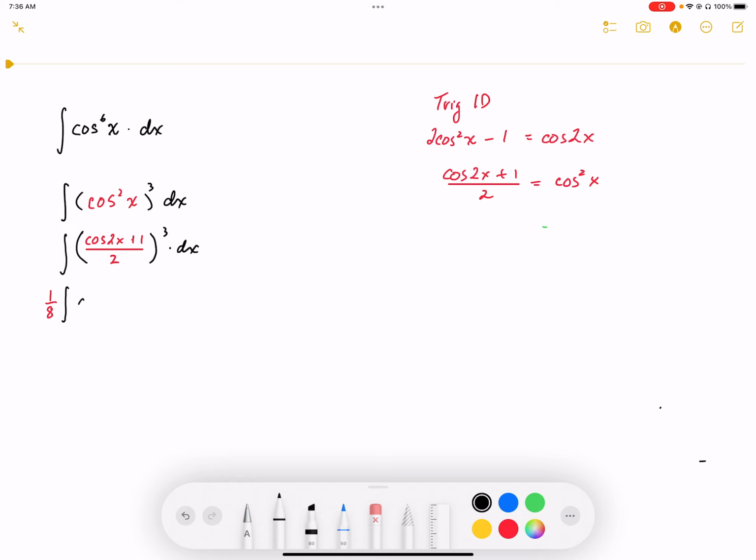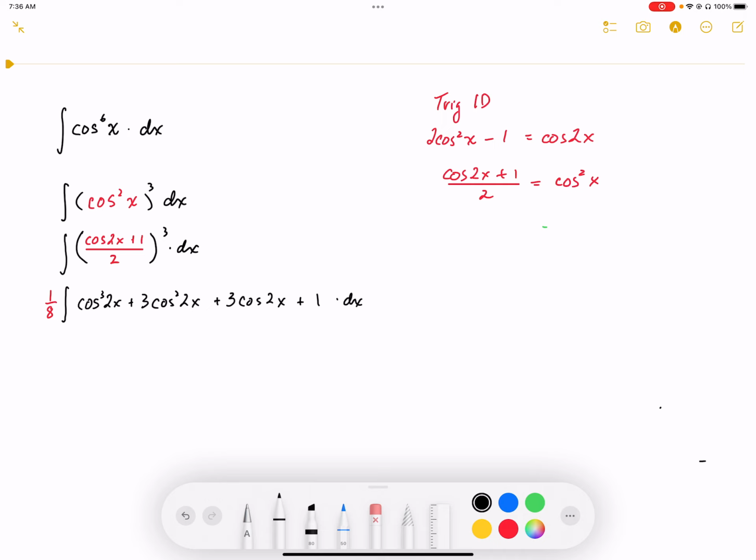So I end up with cosine cubed 2x plus 3 cosine squared 2x plus 3 cosine 2x. Well, I can integrate that part, plus 1, and I can integrate that part as well.